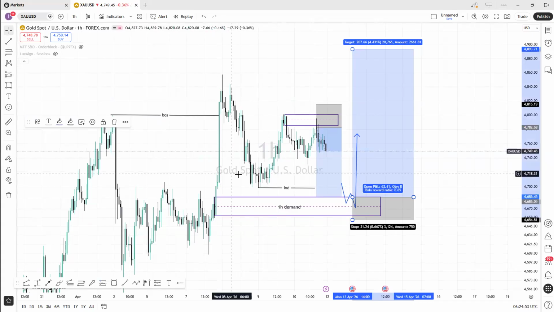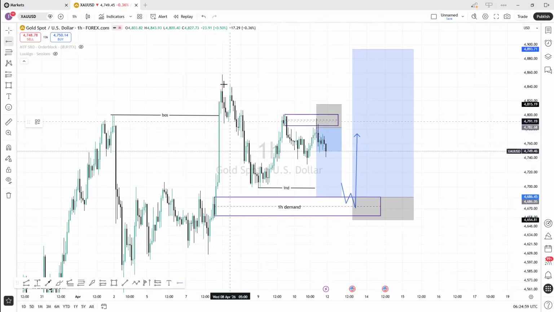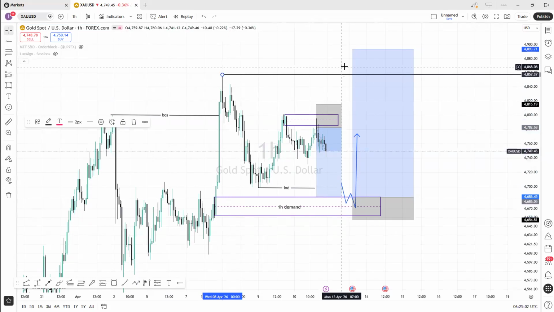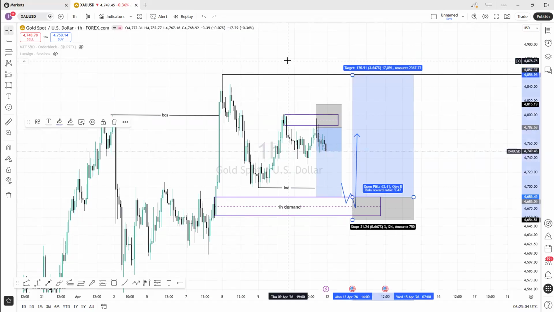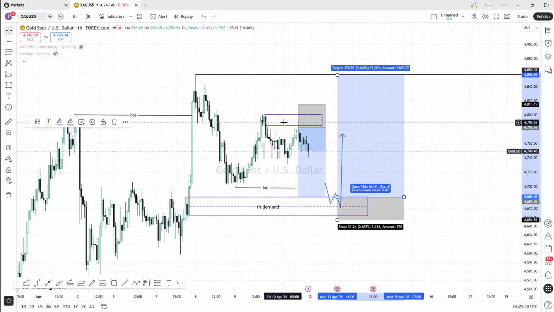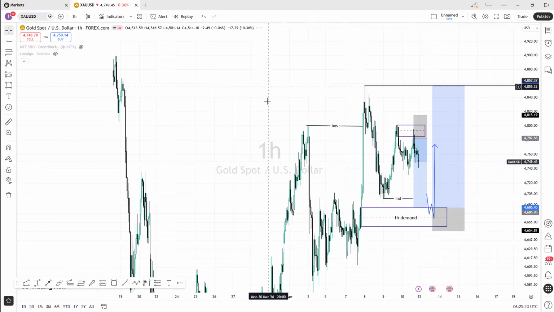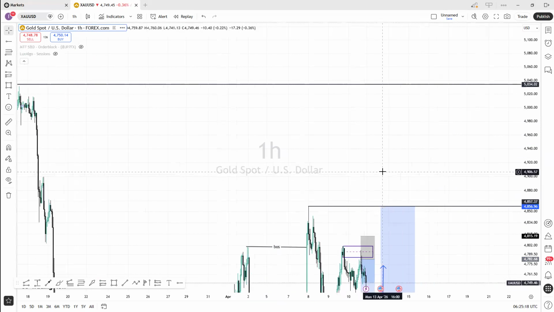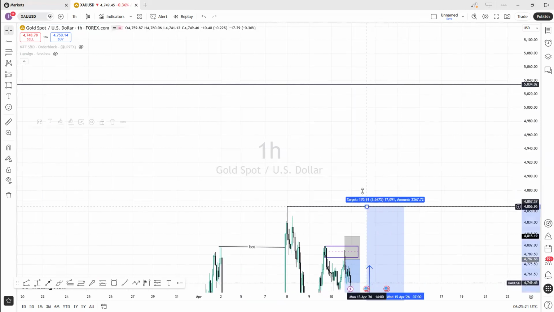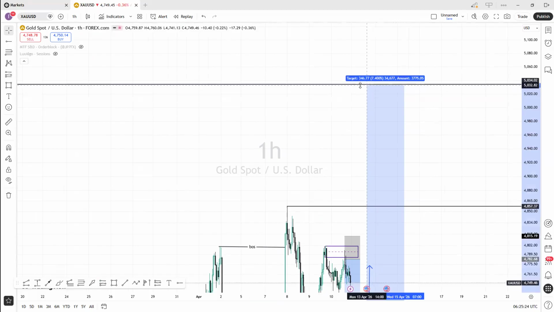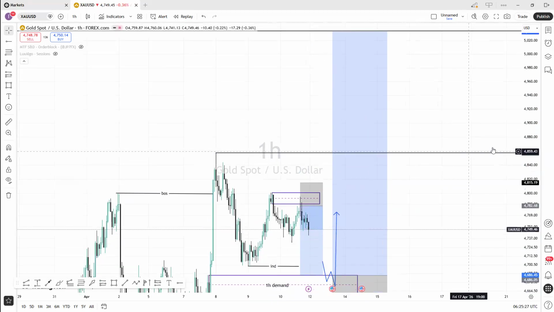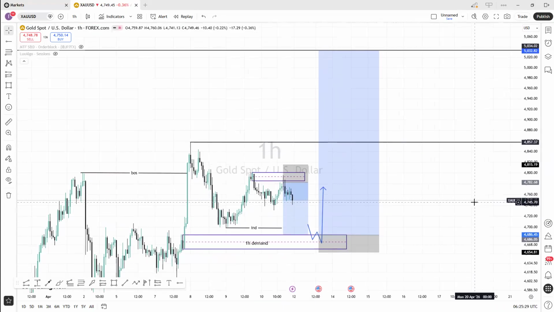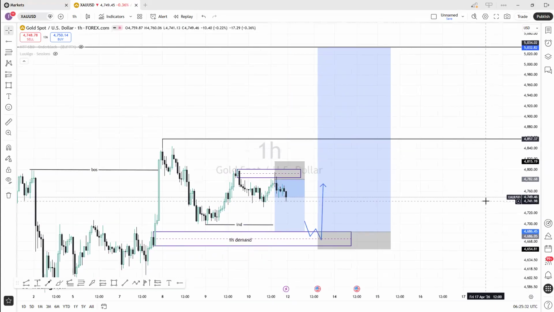Our target TP1 will be around this liquidity. TP1 will be here. That buy side liquidity is at the 48.56 price level. And then the next target will be here on that weekly CRT high. That will be a clear target for gold.